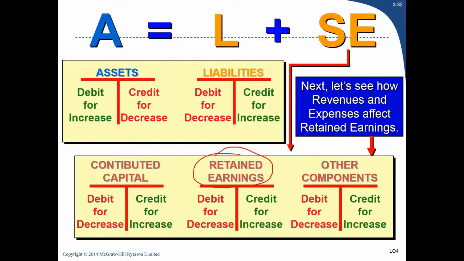Financial crisis hits, like it did in the States in 2007, 2008, and housing prices drop. Let's say your house that you bought for $1 million is now only worth $750,000. You still owe the bank $800,000. How does the accounting equation balance? Well, assets is 750, liabilities is 800, shareholders' equity has to be negative 50. So this happens. It's a bad situation to be in.